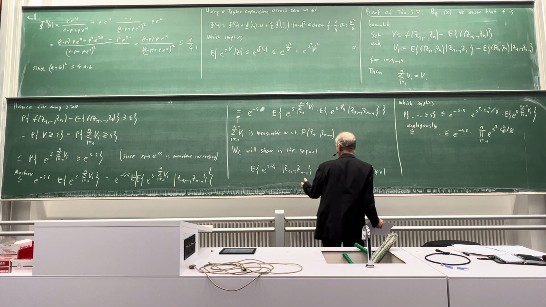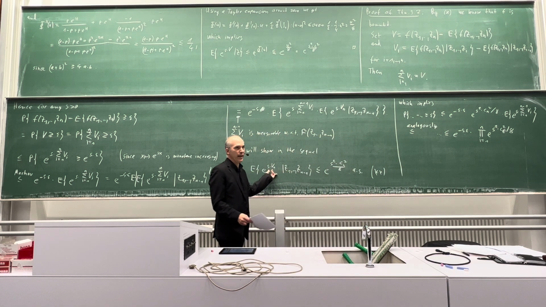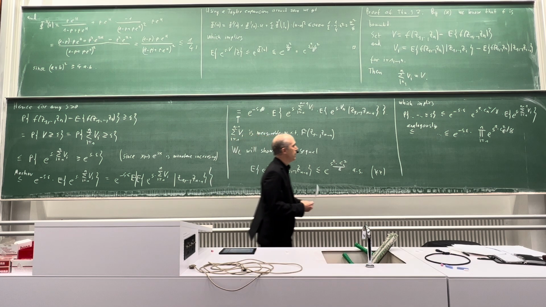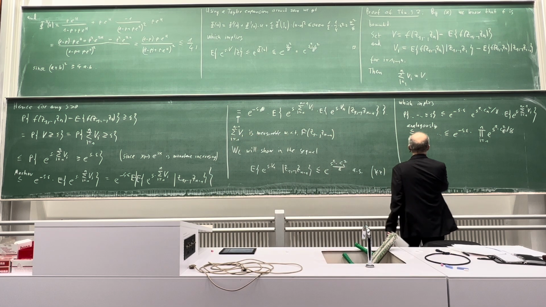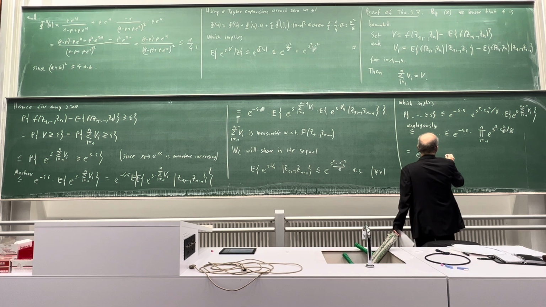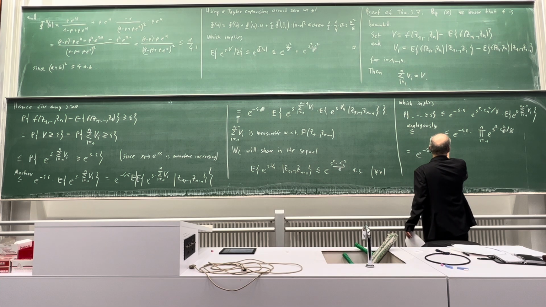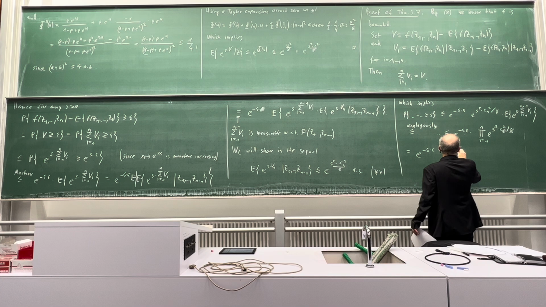So basically we show this equation for any n, so it also holds for n minus 1, n minus 2, and so on. And then you see the whole thing is e to the power minus s times epsilon plus s squared divided by 8 times the sum over i equal 1 to n of ci squared.